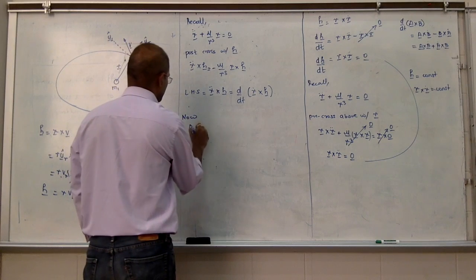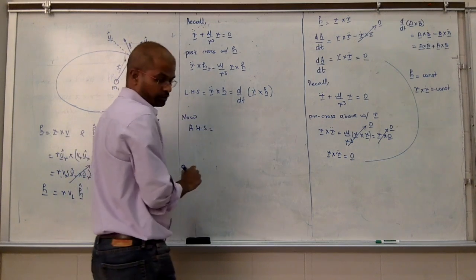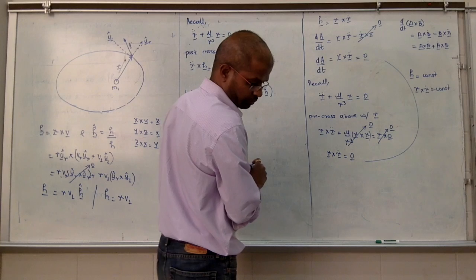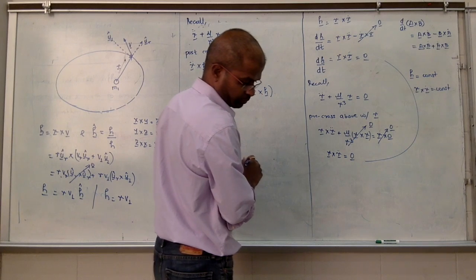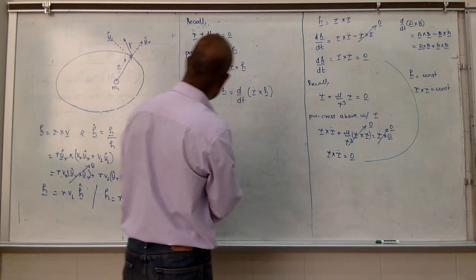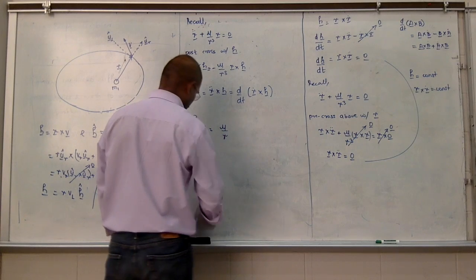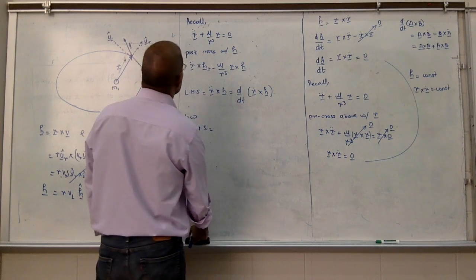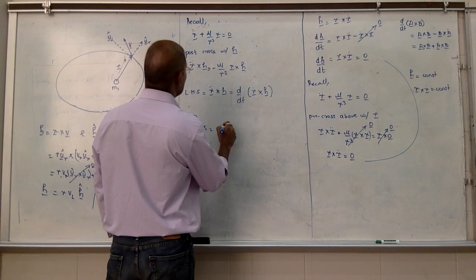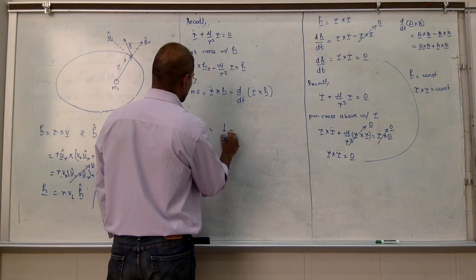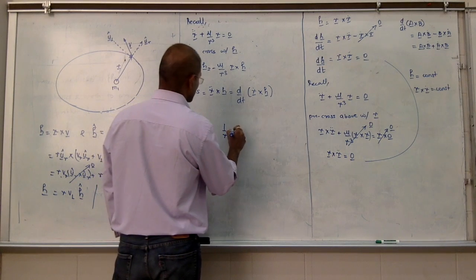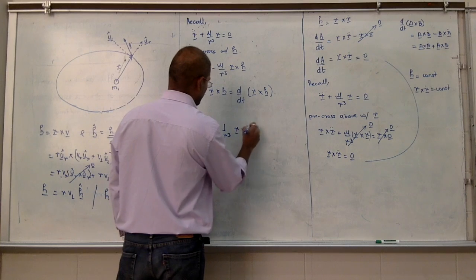Now, right hand side is equal to, let's look at mu over r cube. I'll focus on this: 1 over r cube, r cross with h.